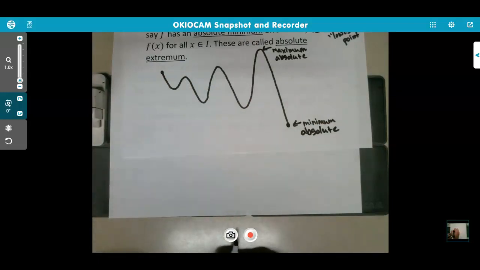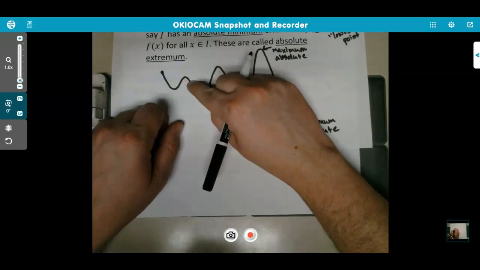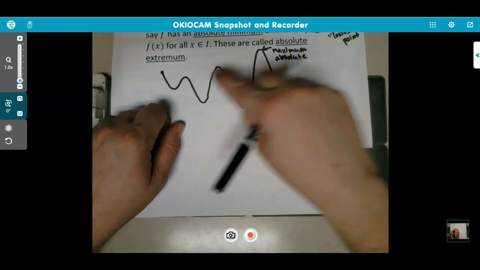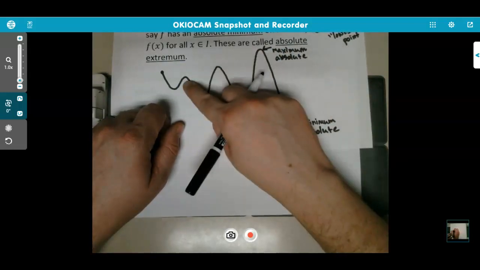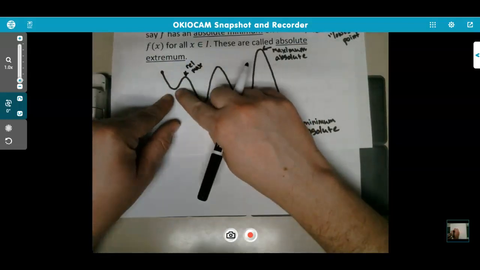So if we look right here, this goes up and then goes back down, right? So this is a peak. It's not the highest peak, but it is a peak if I look at just a small bit here. So this point would be a relative maximum because it is a peak.